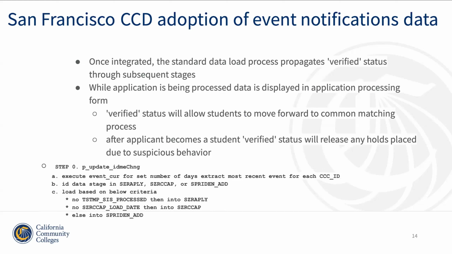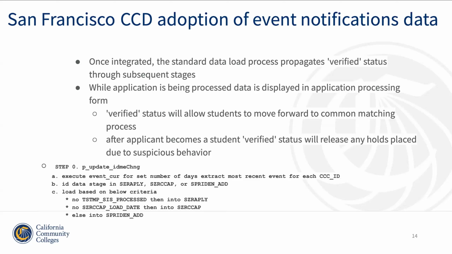The SISTCAP table is the main holding table for verification purposes. Applications will be suspended here for several days while San Francisco monitors the events through the event table for additional verifications that might come post application delivery.